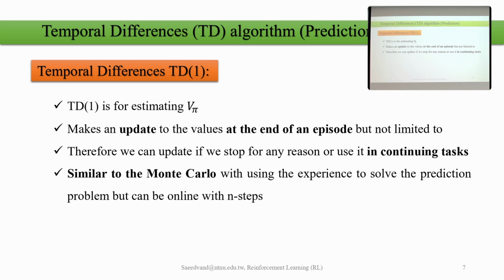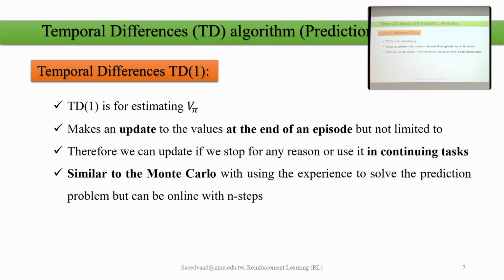Therefore, as I explained to you, we can stop for any reason that we have in continuing tasks based on the TD control. So in episodic Monte Carlo techniques, we say that we cannot stop it. We should calculate the episode, because the equation says you need to calculate the whole episode in order to be able to update it.